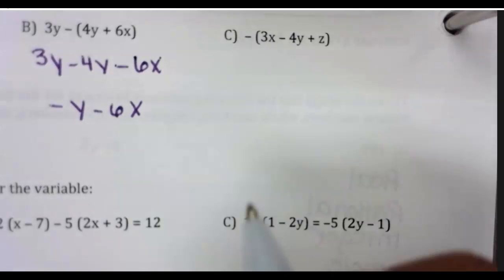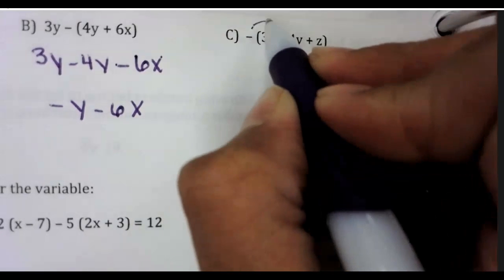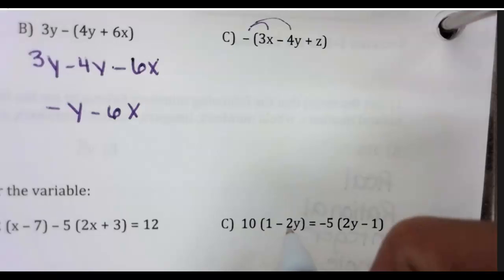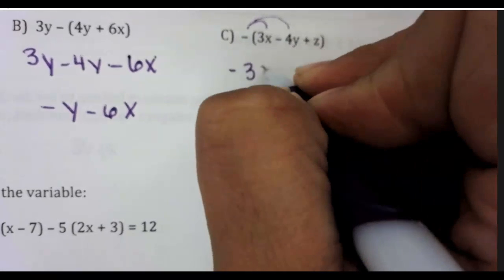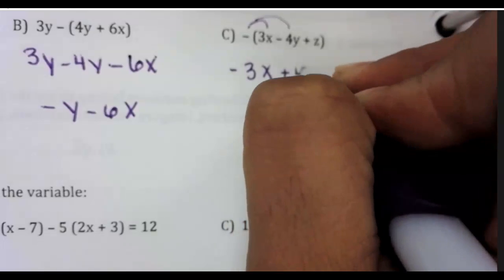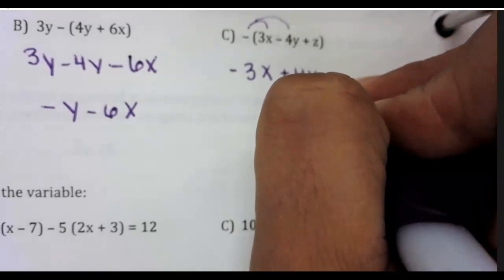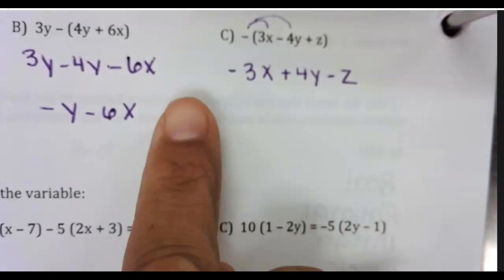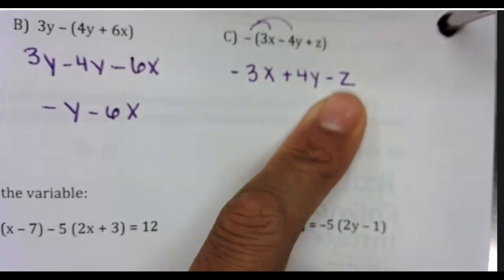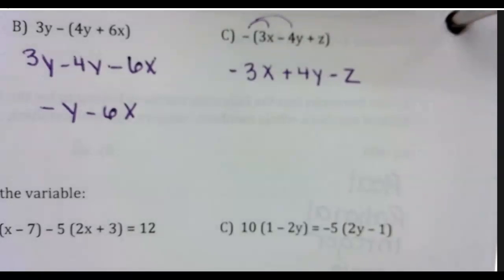In C, once again, distribute the negative to both parts. So you get negative 3x plus 4y minus z. And there are no like terms, so we leave it as is.